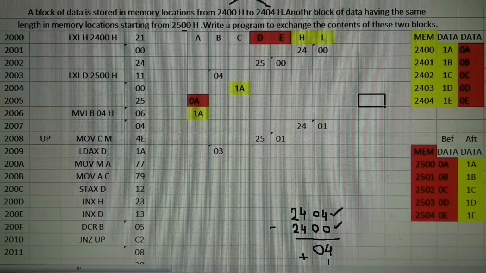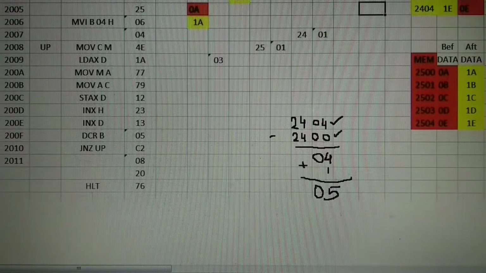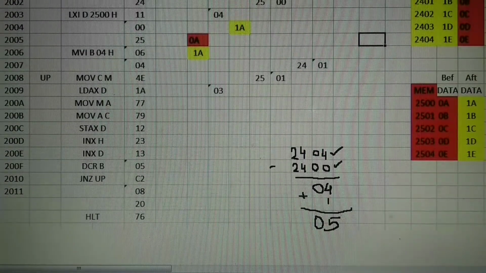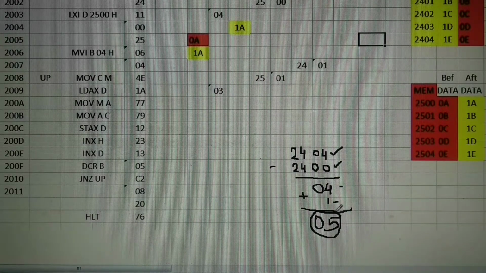Whatever answer you get, you have to add 1. You will get the length of the block. That means how many memory locations you have to handle in that block is called the length of the block.